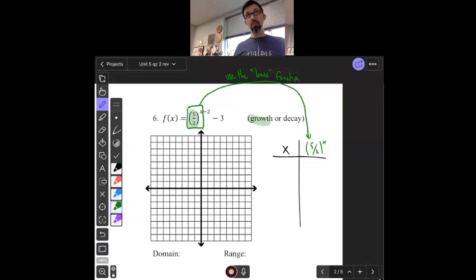To set up your table. So 5 halves to the x power. And we start there. We have our 3 numbers, -1, 0, and 1. 5 halves to the 1, 5 halves to the 0, 5 halves to the -1.